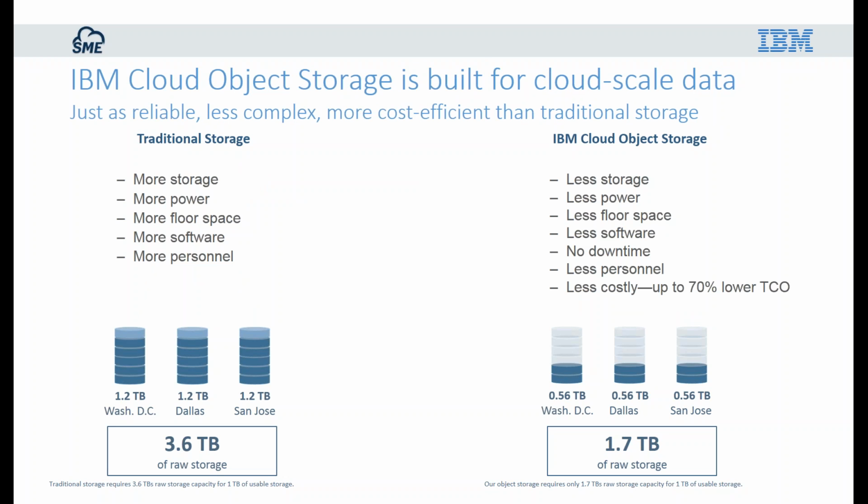First, we need less storage than with the traditional approach. Less storage also means less power, less floor space, and less software to manage. But since we have less infrastructure, it also means less downtime, or even no downtime, because it's all automated and managed by IBM, by the way.